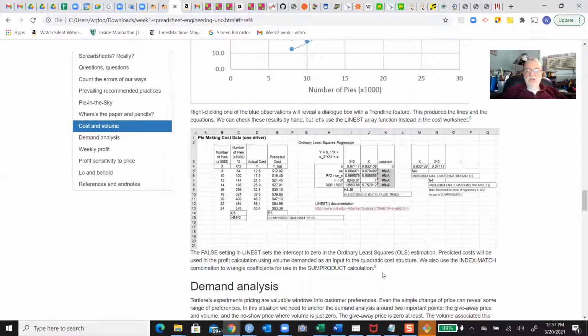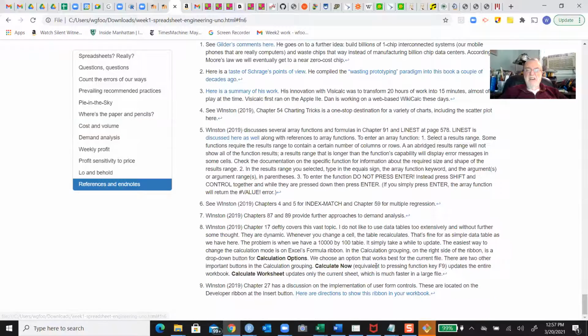Oh, and there are other things that we need to look at. 5 and 6, index match. Array functions and formulas in chapter 91, LINEST at page 578. I hope that's right.